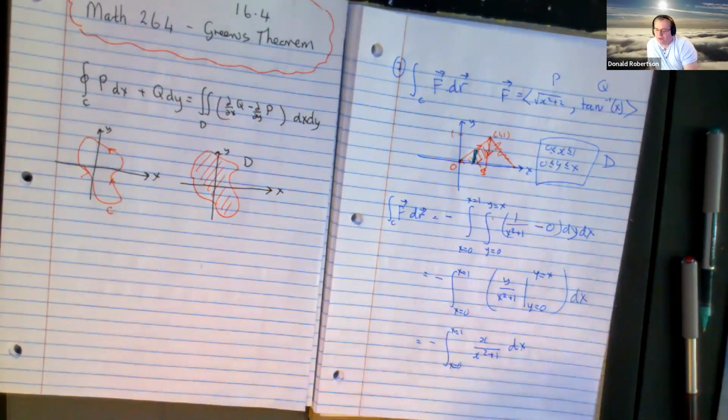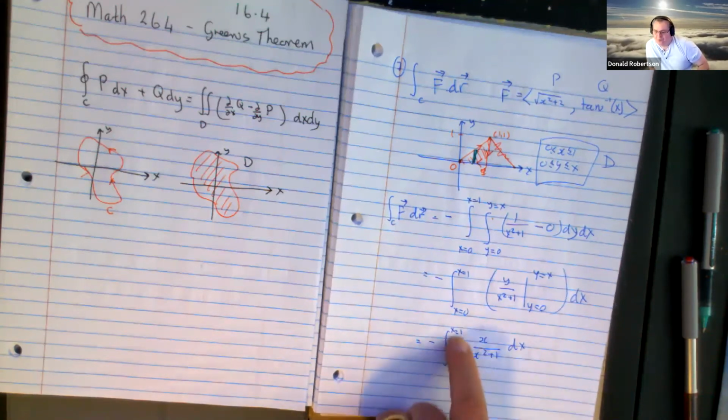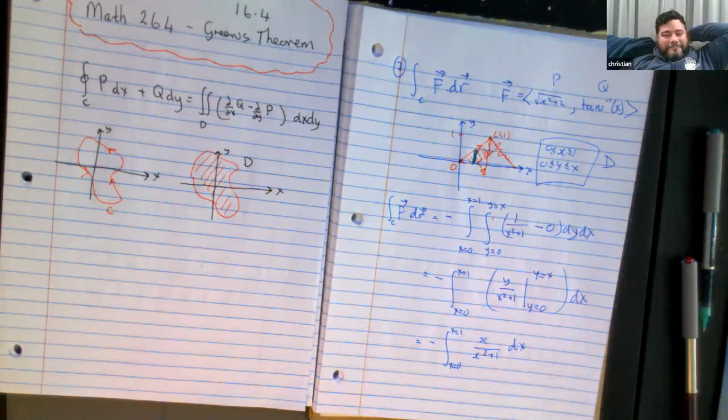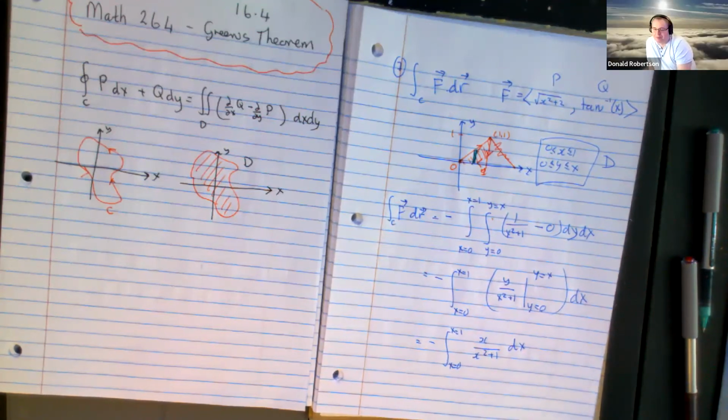What method will I use to do this, Christian? If you look at the integrand, there might be a clue. U sub? And who's the U sub going to be?